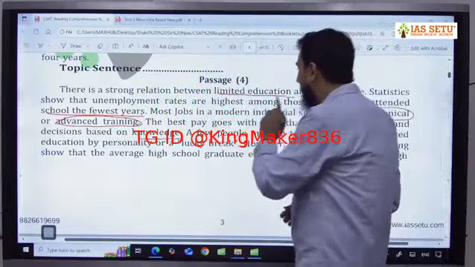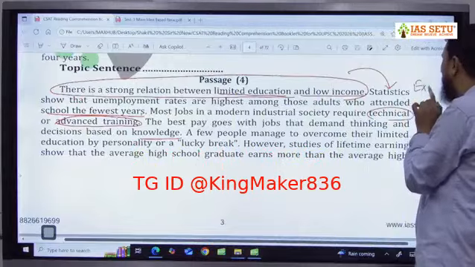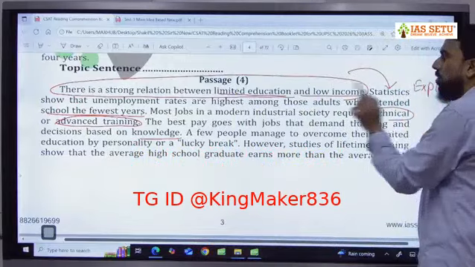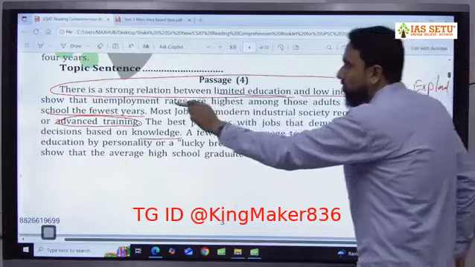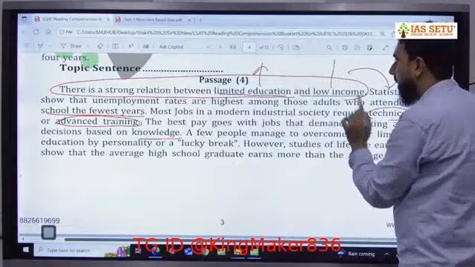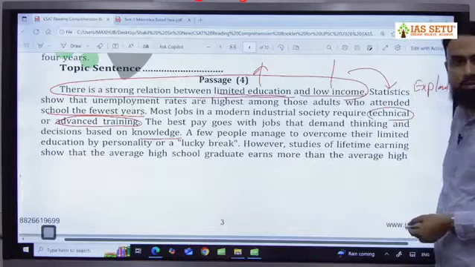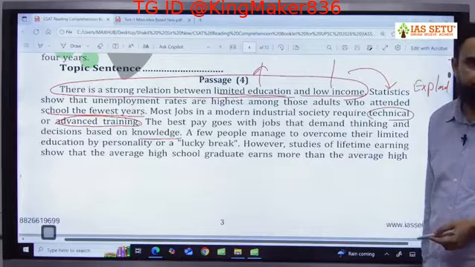It means the track on which the paragraph is set is being propagated by this part. This part is the explanation, the support for the first sentence. His opinion is that there is a strong relation between limited education and low income, and he is trying to show it with various points. What is the topic sentence? Of course, the first one.